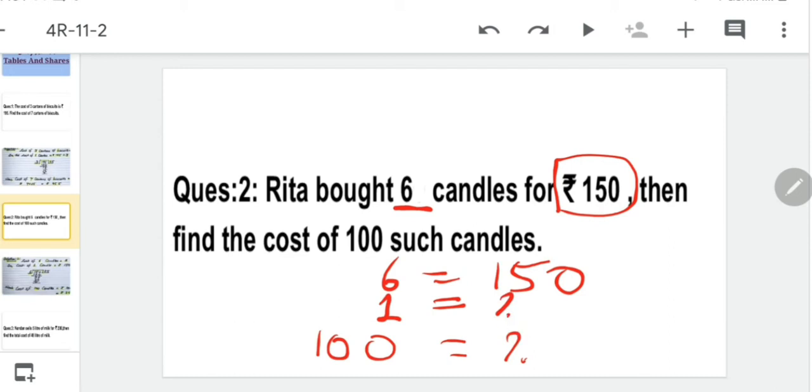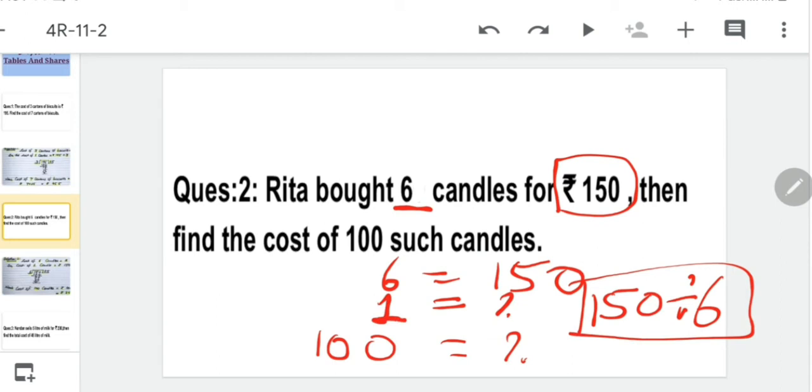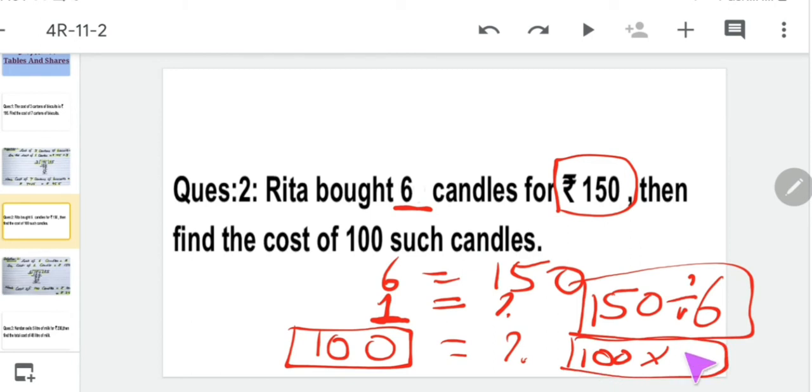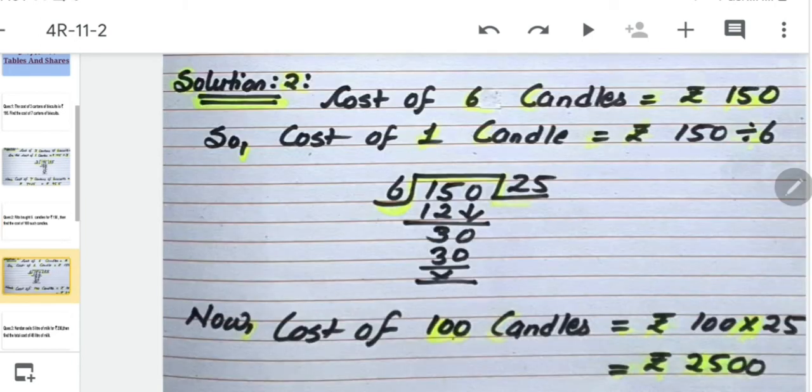The same method which we used in the previous question, that is by dividing 150 with 6 we will get the price of 1 candle. Then after getting the price of 1 candle we can easily find the price of 100 candles by multiplying 100 with the price of 1 candle. Okay, let's see how we have to do it.